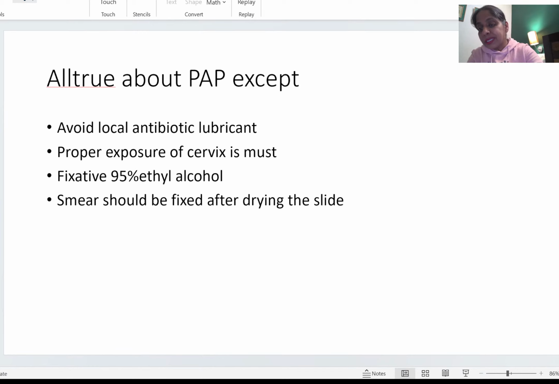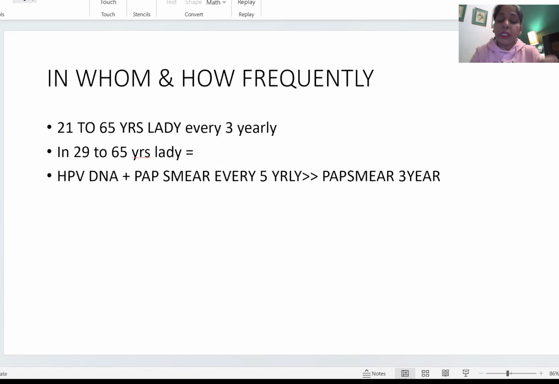Okay. Now let us see in whom we do the pap smear. As I already told you, HPV virus causes CA cervix. So once the female's sexual activity starts, there is a fear that the female can get the HPV infection.